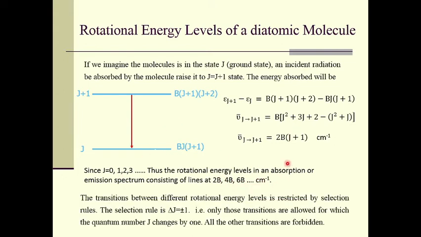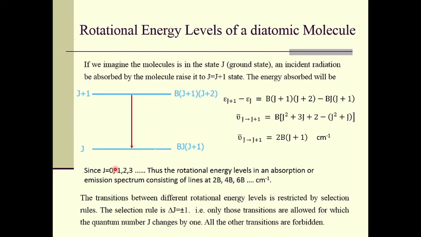So let us see here. The transition between different rotational energy levels is restricted by selection rules. The selection rule states that delta j should be changed by plus or minus 1 only. That means only those transitions are allowed for which the quantum number j changes by 1. All the other transitions are forbidden.